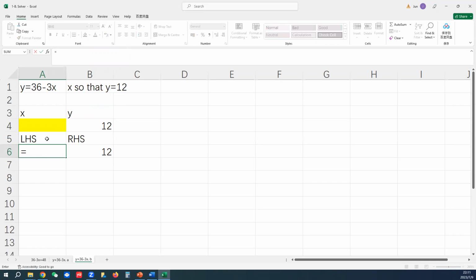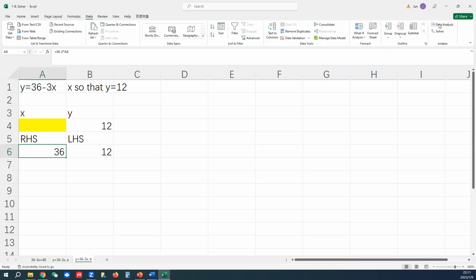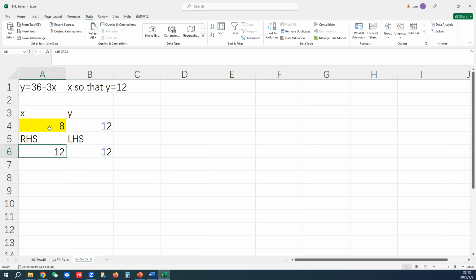The right-hand side of this equation is 36 minus 3 times x. Now we find x, the variable you're changing, so that the right-hand side, 36 minus 3x, equals the value of the left-hand side, which is 12. The value should be 8.